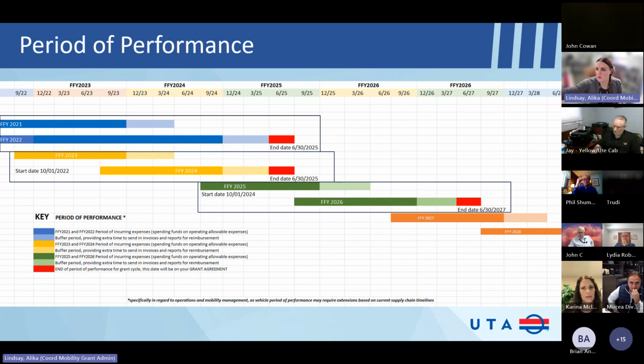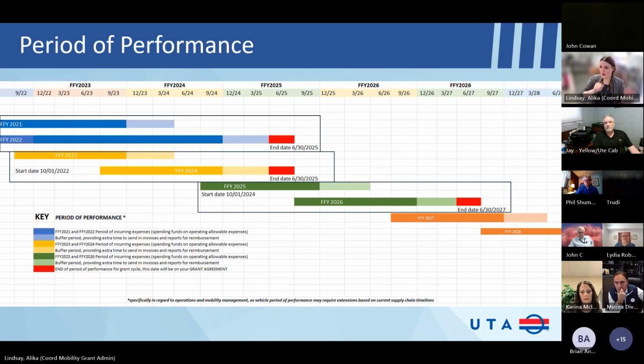And then this is showing the period of incurring your expenses, the buffer period that I mentioned, and then the end date when you need to close that grant or finish invoicing. So then you'll see 2025 and 2026 will be back on track, and it will just continue that way from there. Okay.